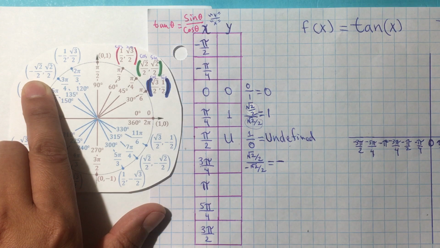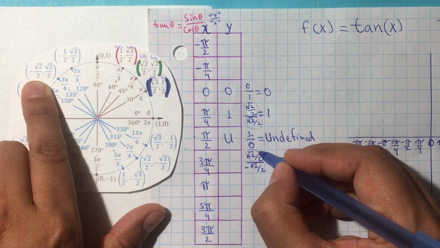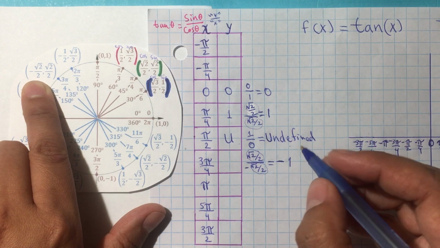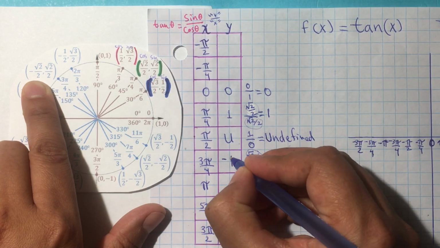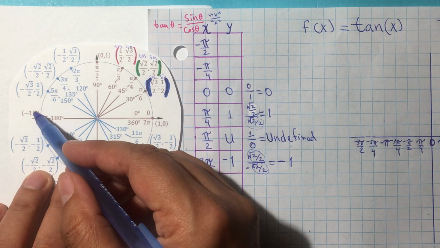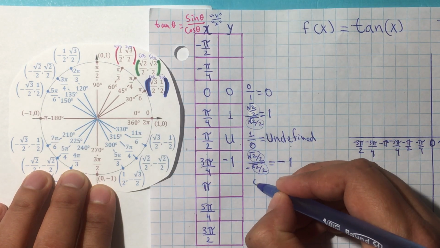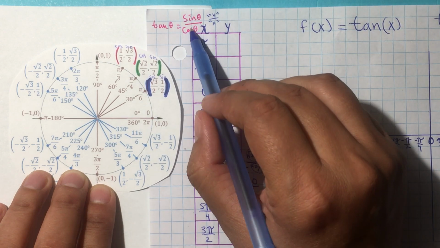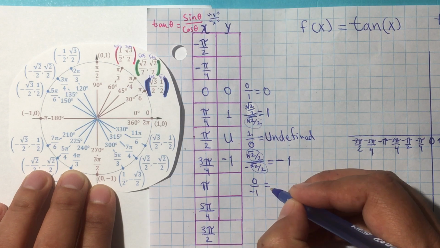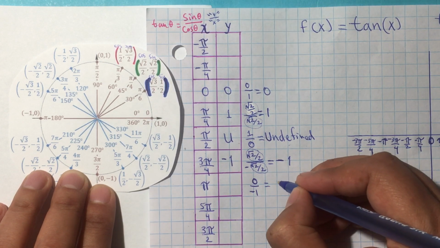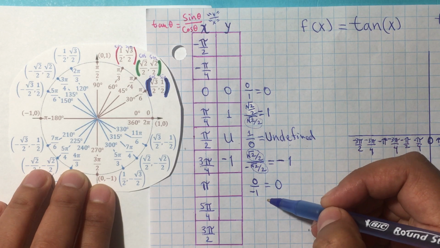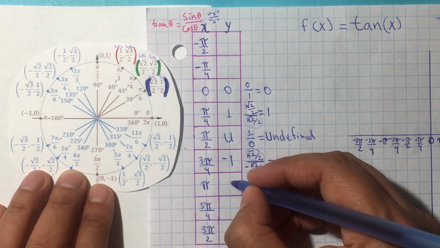And then again, whenever you divide the same thing by itself, you get 1. So negative 1 for the answer. For the next one, pi, it's right here. It's 0 for sine, and the cosine is the x value, which is negative 1. 0 divided by anything will always be 0. You cannot divide by 0, but 0 can be divided by anything, and the answer will always be 0.